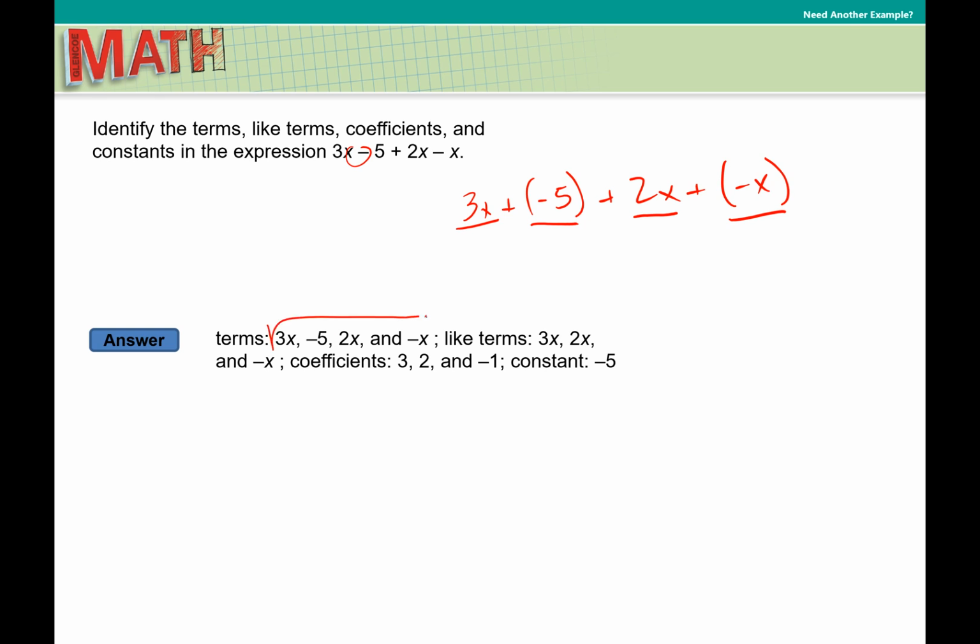That's what we have here. Like terms, we separate the terms out with the same variables, 3x, 2x, and -x. Coefficients with those variables, we have 3, 2, and -1. Remember, -x is the same thing as -1x. And then the constants, the only one in this one is -5, is that constant.